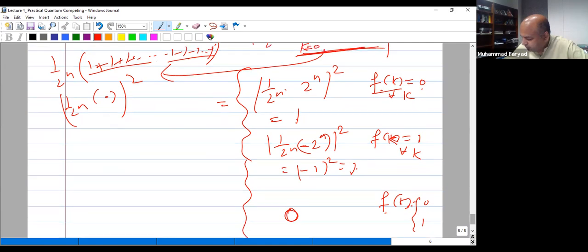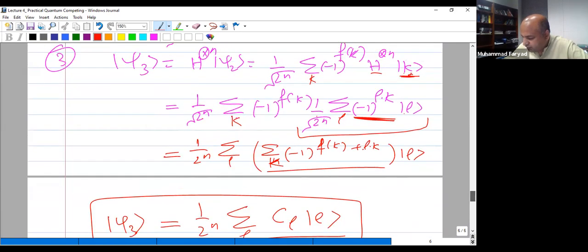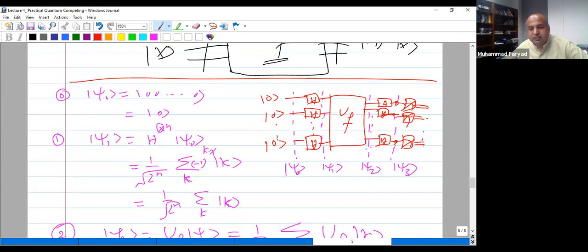All right, so let me now show you the implementation on a quantum computer, but let me explain a couple of things again. We have these inputs initialized to 0, and we have these Hadamard gates. We have this phase oracle, which is implemented with an amplitude oracle, and an ancilla qubit initialized to the minus state. And then at the output, we have Hadamard, and then we have these measuring devices.